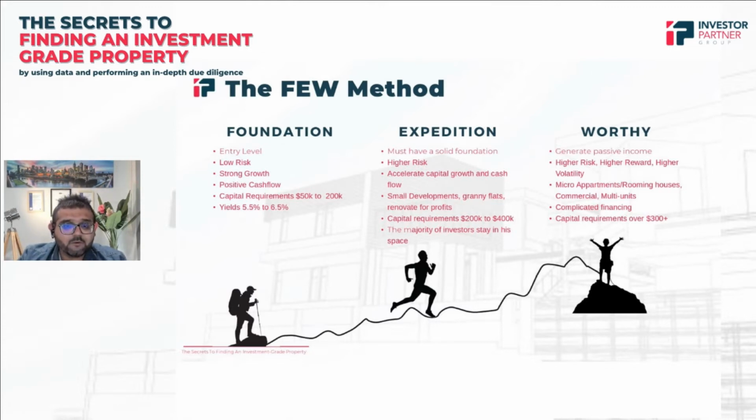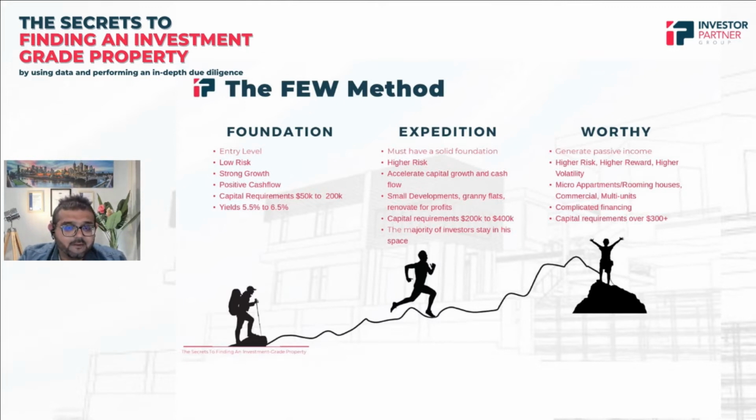Now, foundational properties are the crux of this sustainable portfolio. These properties are low risk, high growth, and strong yield properties. These are properties that range between, say, $300,000 to $600,000, and you can acquire these with a deposit as low as $50,000 or more.